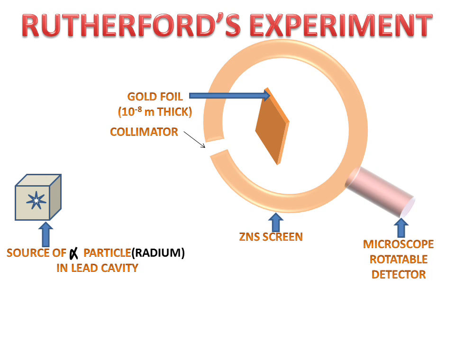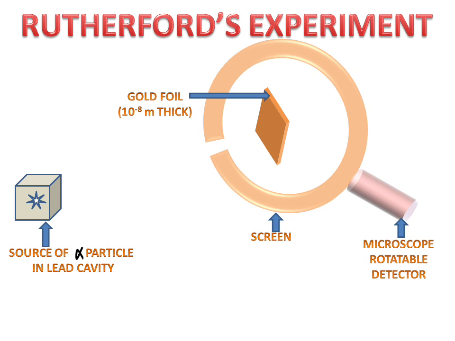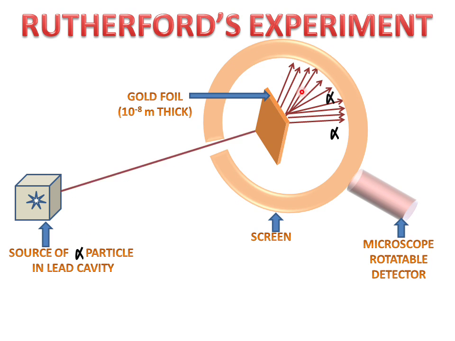Now we will discuss the working of the Rutherford experiment. What will happen? Radium will give off alpha particle rays, and some rays are scattered, some rays will go forward, some rays will scatter at a higher angle, and also some rays will trace back the same path.